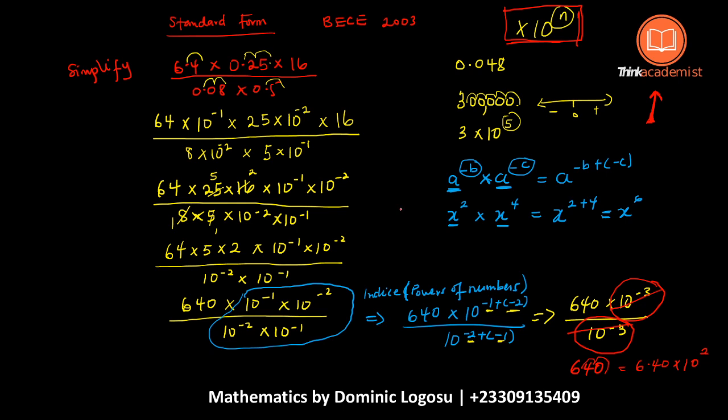So let's stay tuned. Now let's quickly look at the statistics question. We have a nice table. And remember, in statistics, when they give you the table, it means you don't need to do your tally.